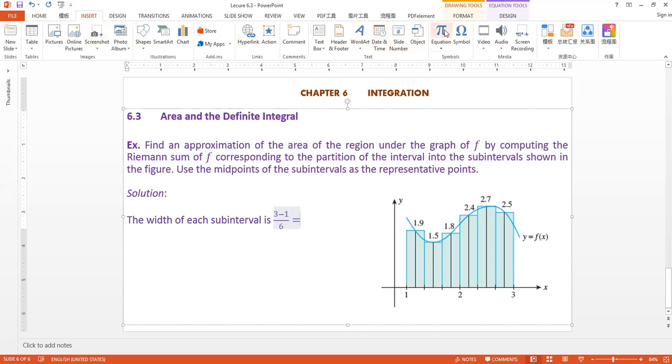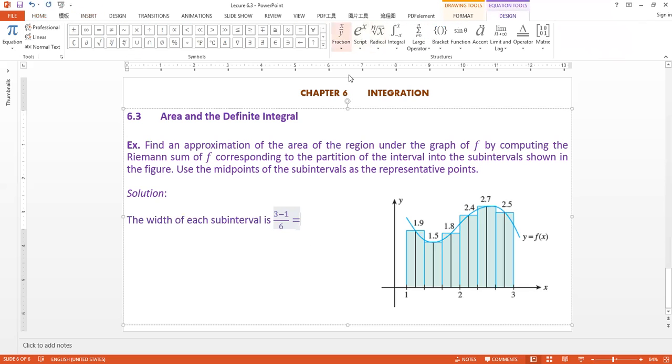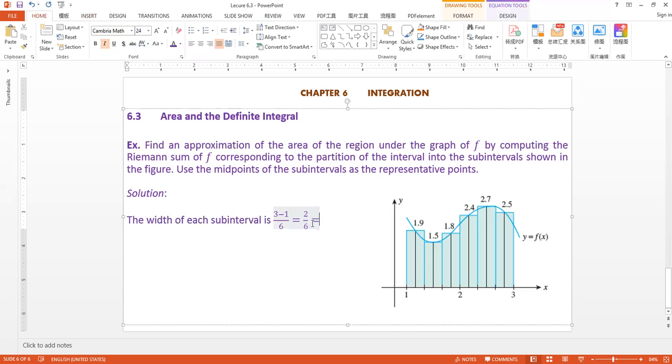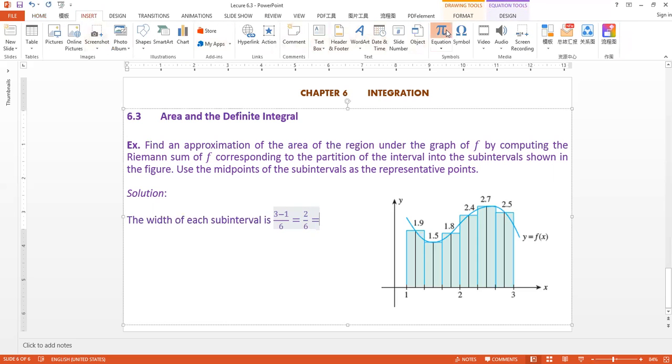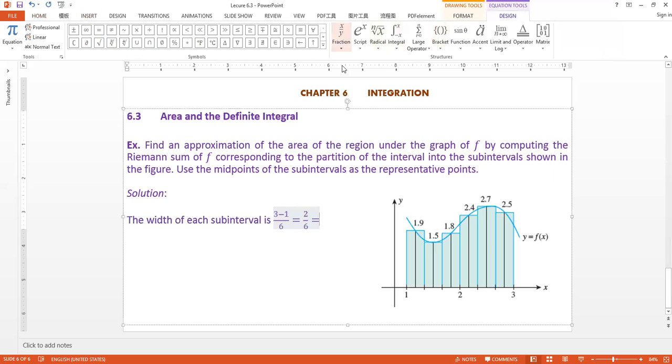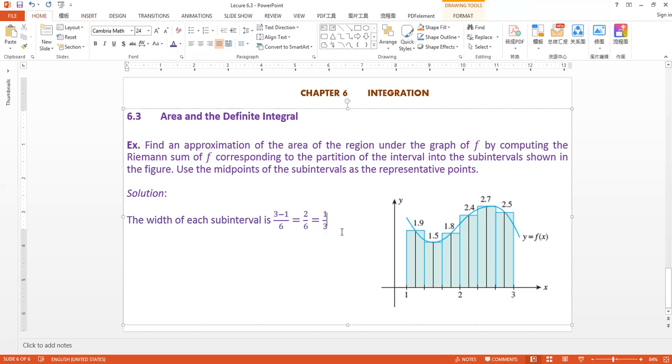We can simplify it: canceling 2 in the numerator and denominator, we get 1 over 3. So that's the width of each rectangle.